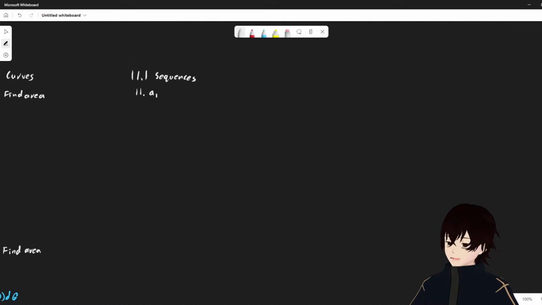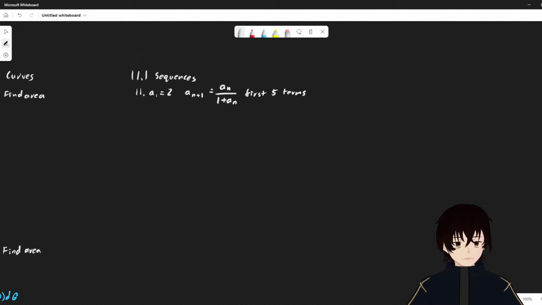Number 11 says a sub 1 is 2 and a sub n plus 1 is equal to a sub n over 1 plus a sub n. First 5 terms. Oh, that one's easy. The first one's already given. We got 2, and 2 over 3. And then you might know the problem now.